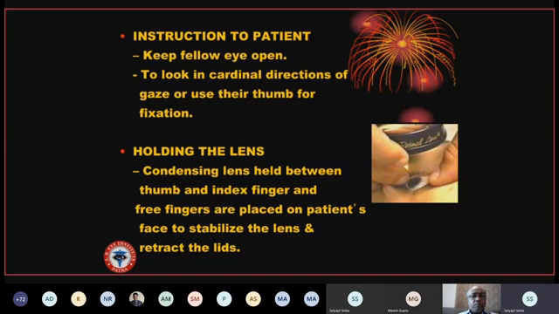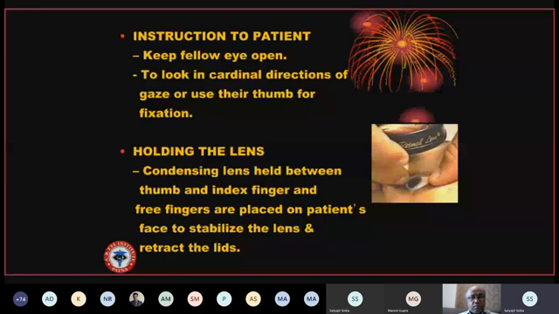Now, do we keep the patient in mute mode, or do we give any instruction to the patient? Of course, we instruct patients to keep their fellow eye open. Sometimes the patients are uncooperative, so you raise their thumb or finger and ask them to look in the different cardinal directions of gaze, or use their thumbs for fixation. Now, the important point is, how do we hold the lens?